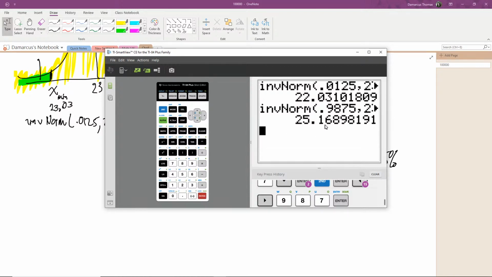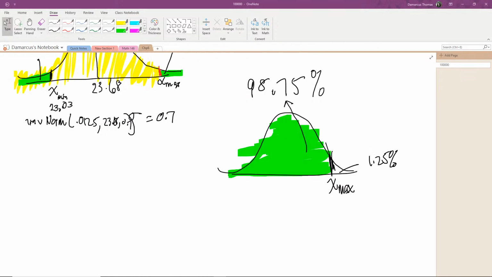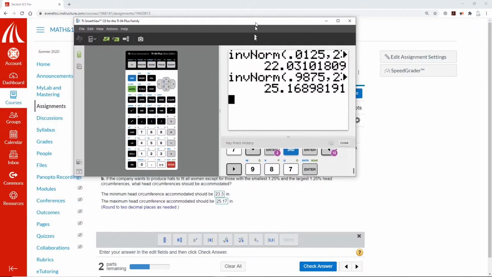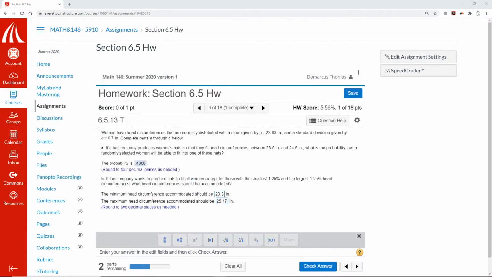And I got 25.17. And the other one was actually 22.03, so I mistyped that. So we got 22.03 and 25.17.